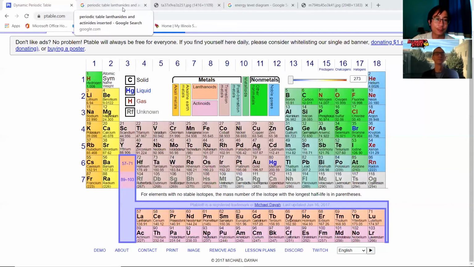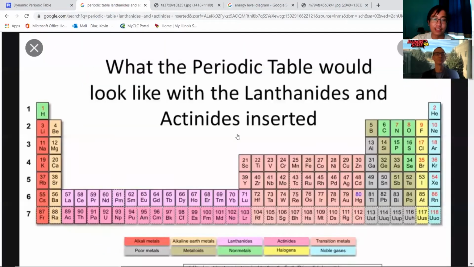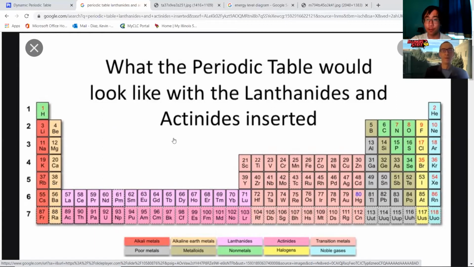All right, so this one is the periodic table with the lanthanides and actinides, that f orbital group of elements, inserted right in here. You can see that it's a lot wider and the element squares are smaller, so this shows that orbital pattern a little bit better, right?